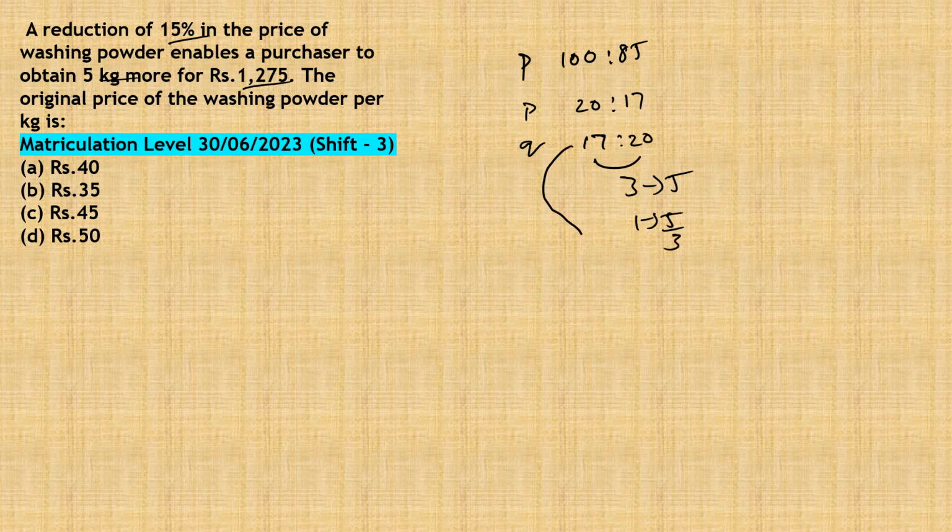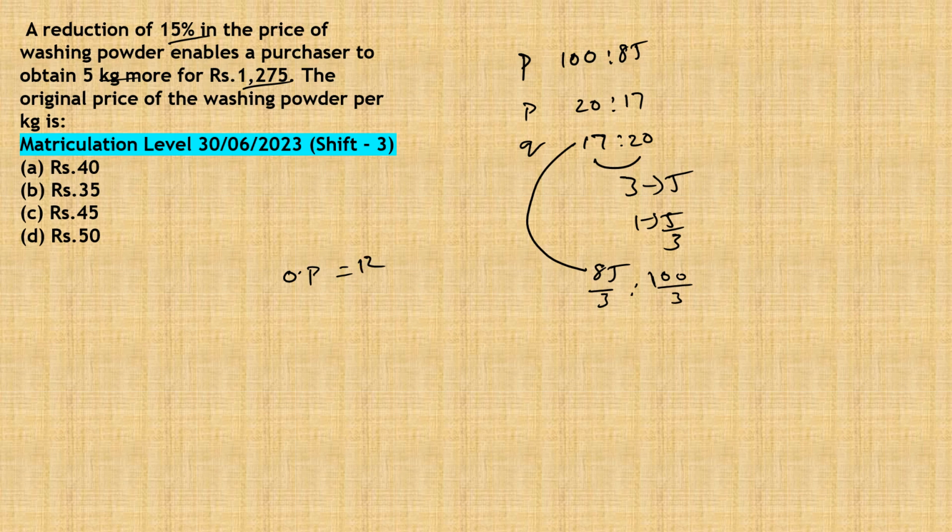The quantity they were getting before was 17 ratio, that is 17 into 5/3, 85/3. The quantity they are getting now is 20 into 5/3, that is 100/3. We have to find the original price.